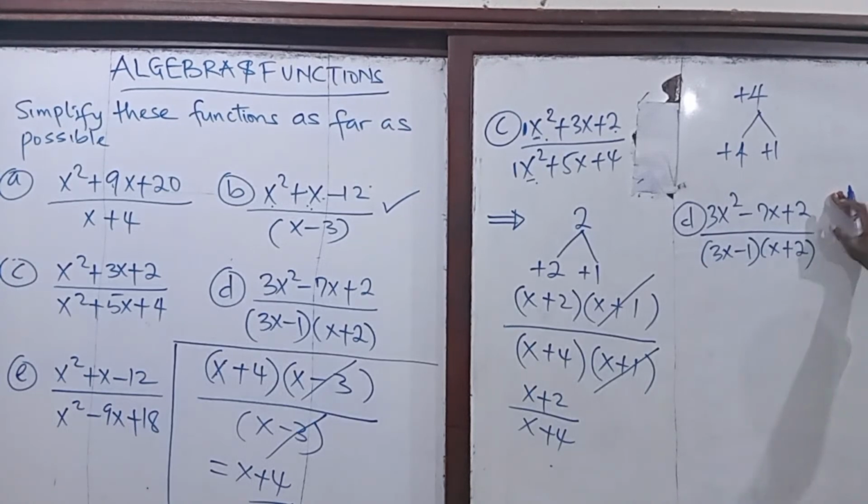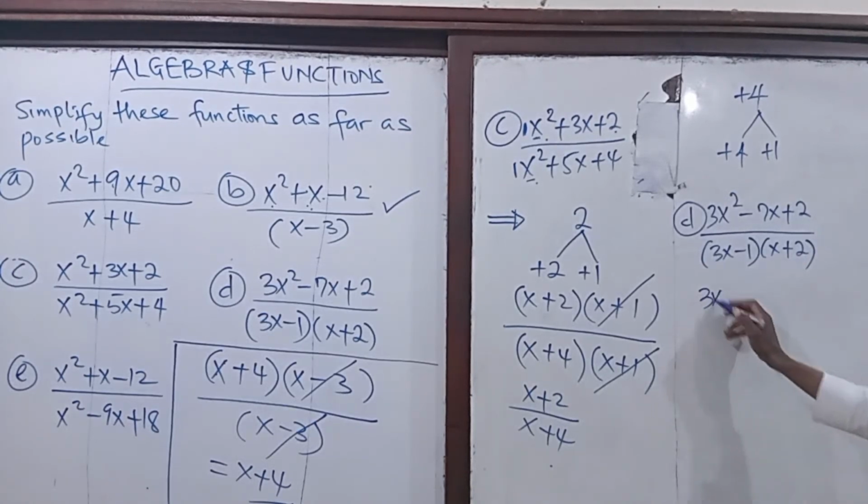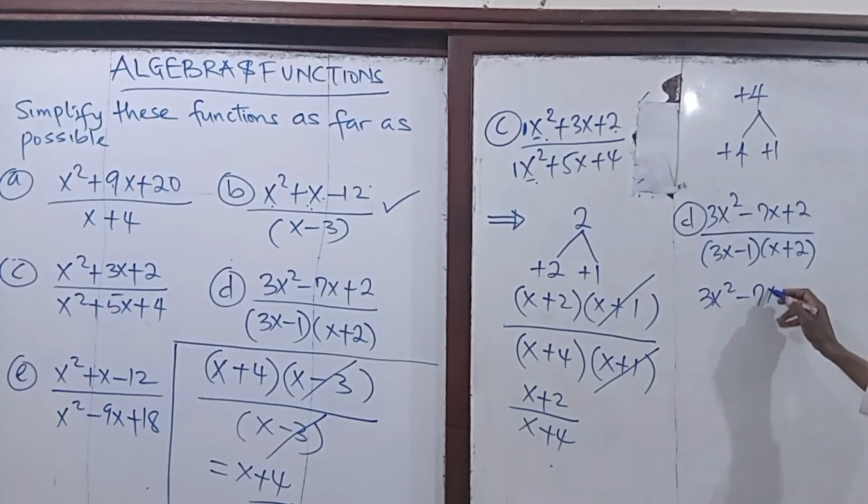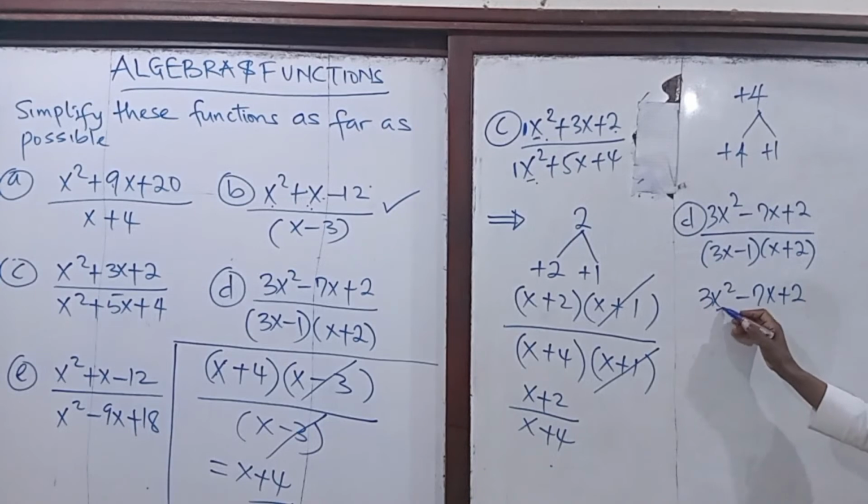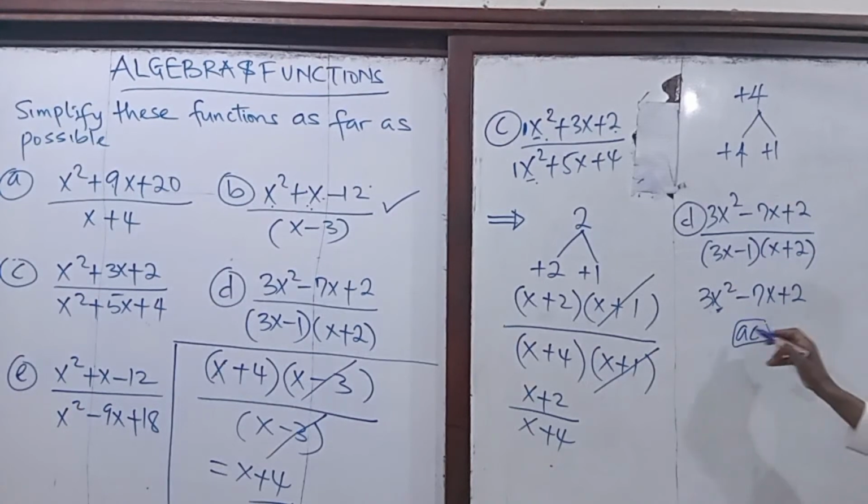So what do we do in this case? This is what we have for the numerator. Once the coefficient of x squared is not 1, we can get the AC, which means this one times this one, that will be plus 6x squared.